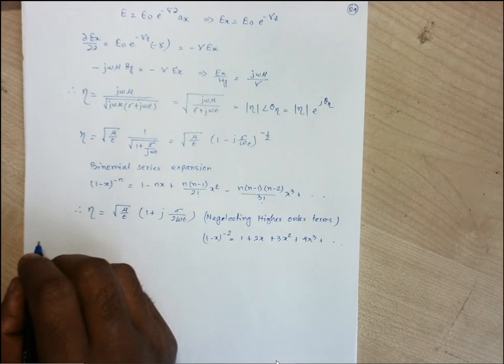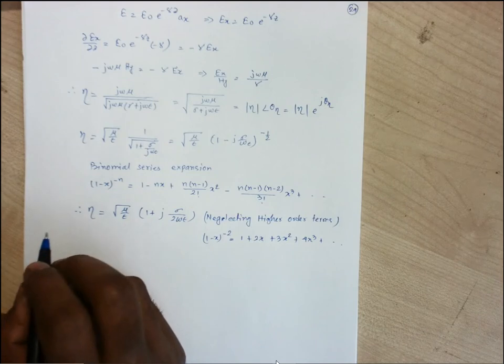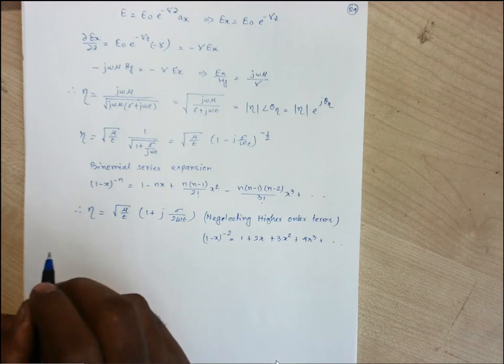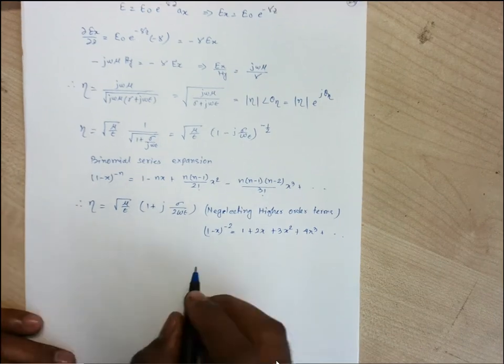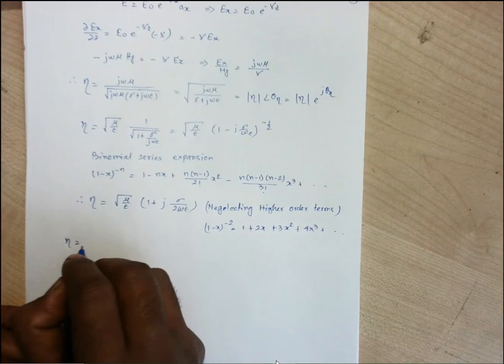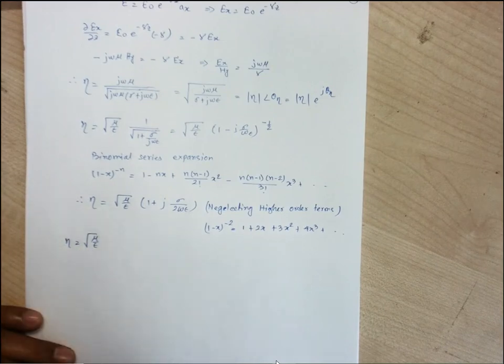Okay, one more thing we need to do. Right, eta is root over mu by epsilon.